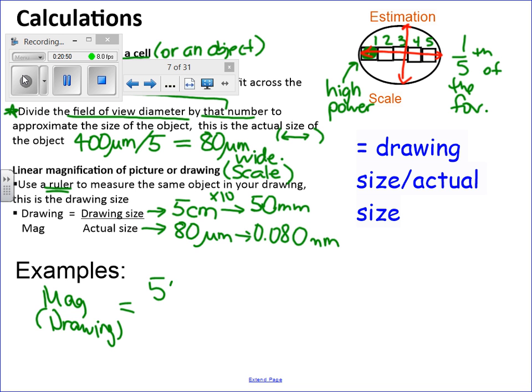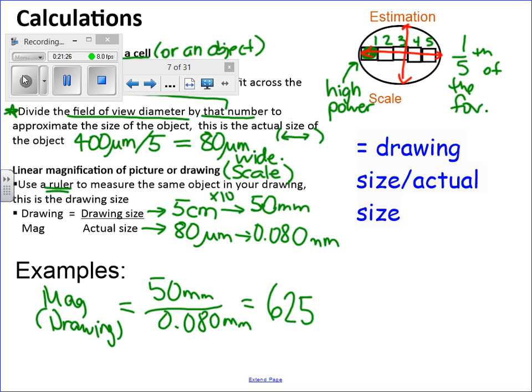In this case, then my magnification of my drawing would be 50 millimeters divided by 0.080 millimeters. So you should get a big number as your answer. If you ever get 0 point something as your scale, you had the numbers in the wrong order. So this should always be a relatively large number. So when I do 50 divided by 0.08, I get 625.